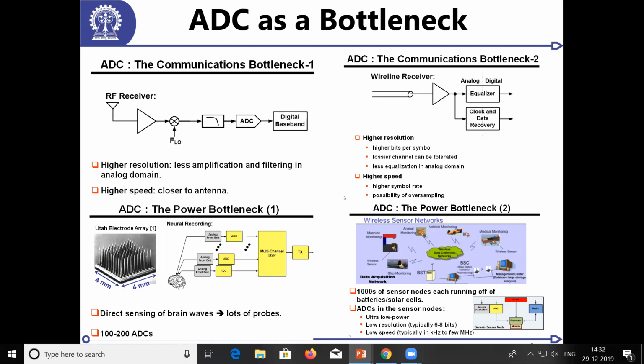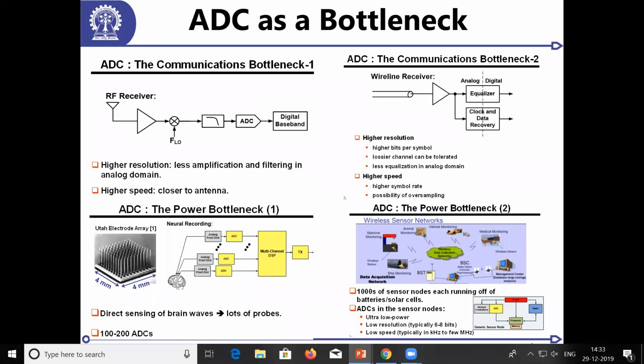Now another thing that happens is that when you turn on your phone, it takes some time to get the signal, right? The reason it takes some time is that it has to synchronize your cell phone clock with the base station clock.